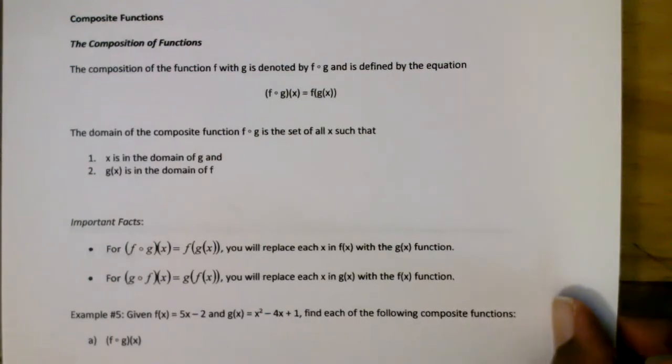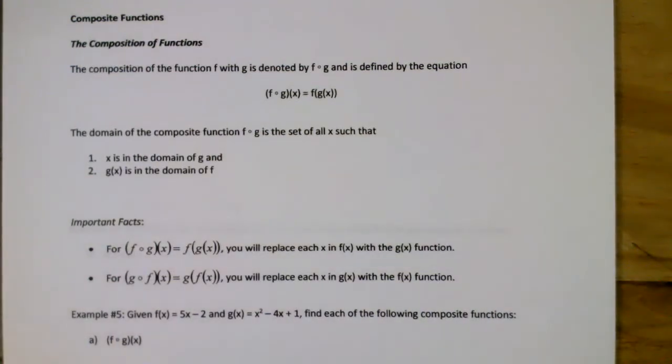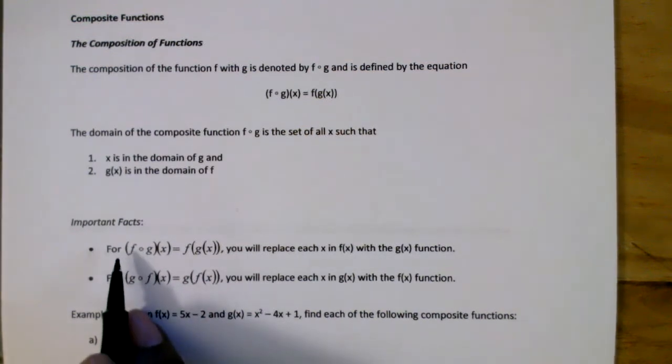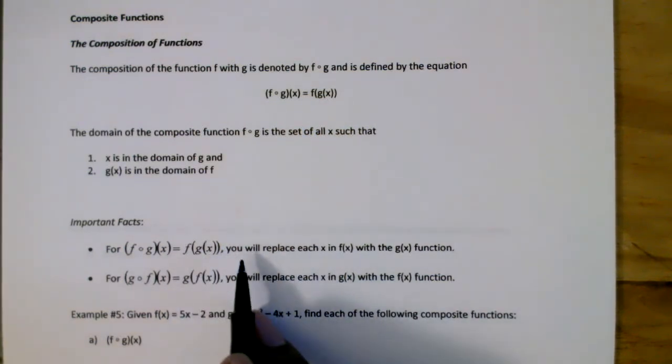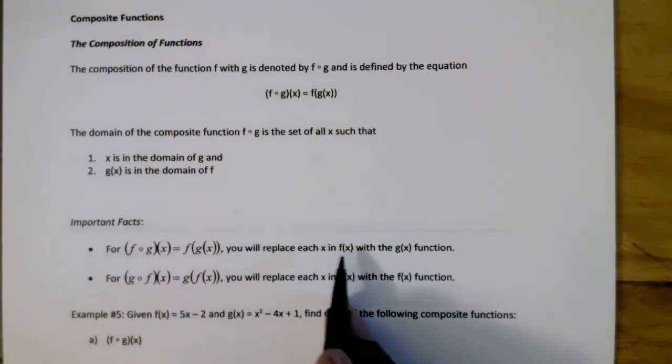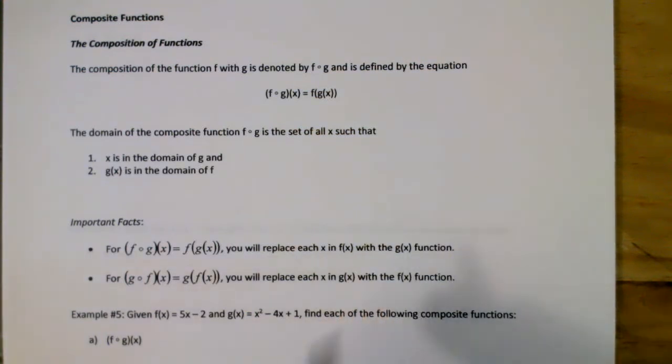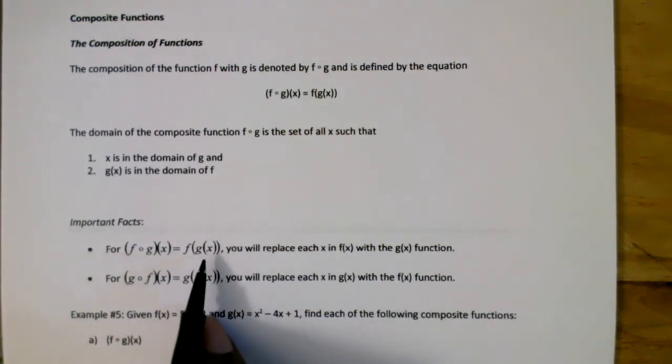All right, so how will we do the composition of functions here? Here I got f circle g of x, which is the same as f of g of x. What that means is you're going to replace each x in f of x with that g of x function. You're going to start off with two functions, f of x and g of x. For the composition of f with g of x, the inside function is g of x.